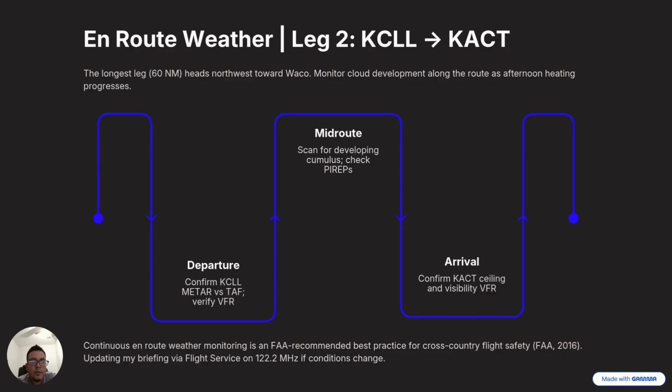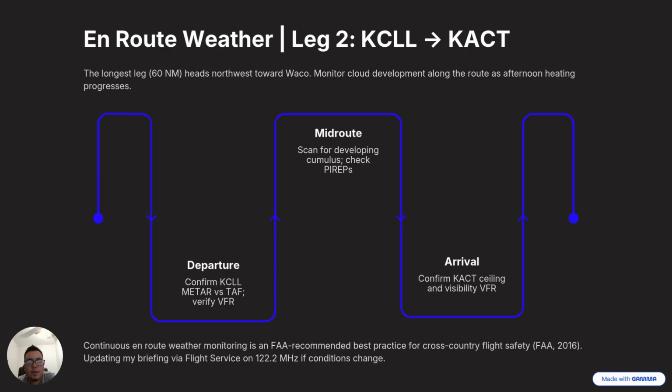Okay, and the en route weather for this leg. This is the longest leg, heading northwest towards Waco. I put a little graphic over here of what I should be doing: confirming the METARs and the TAF with College Station, and scanning for any developing clouds when it comes to storms. That's the main reason.